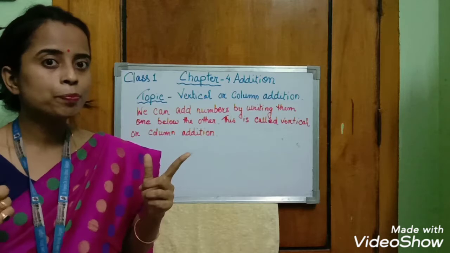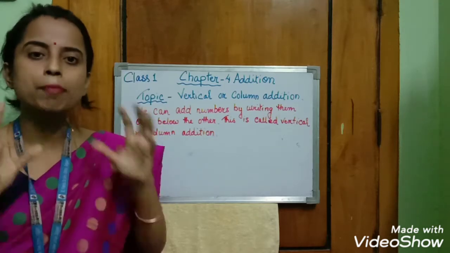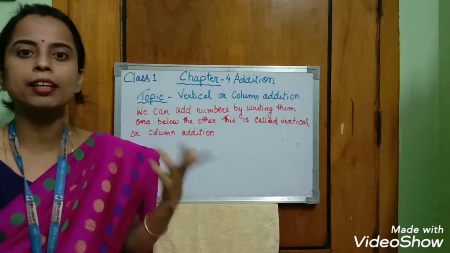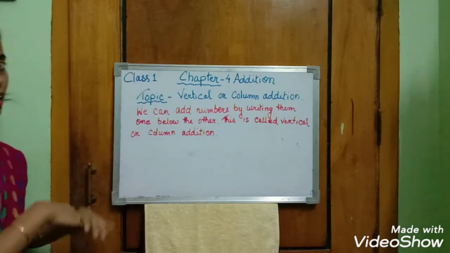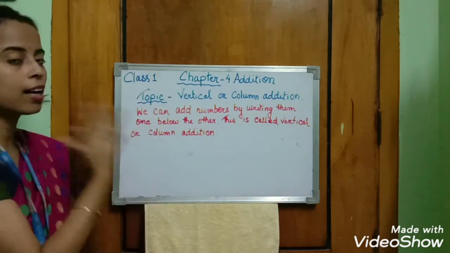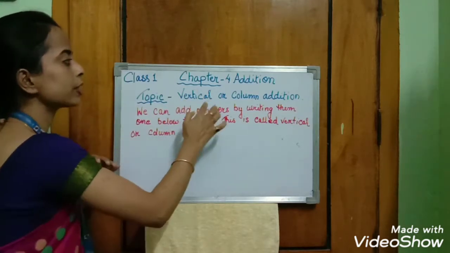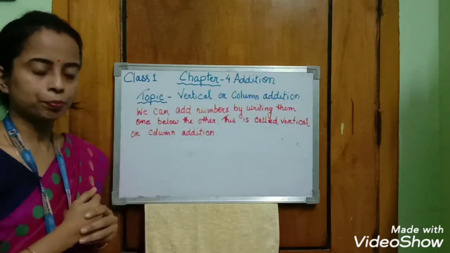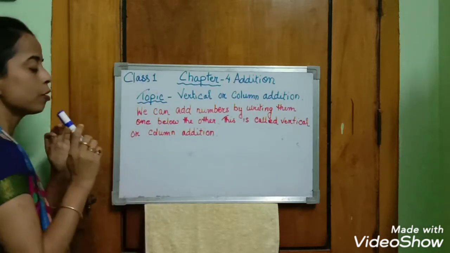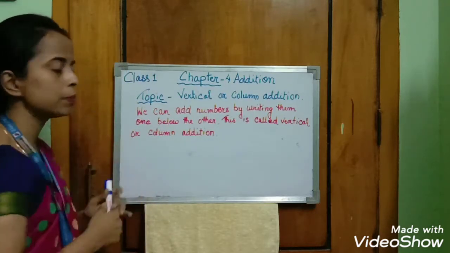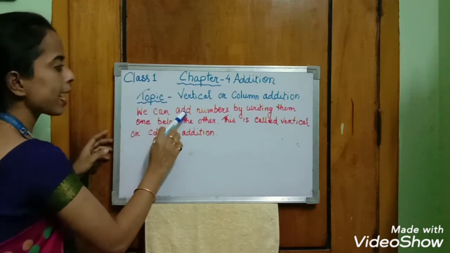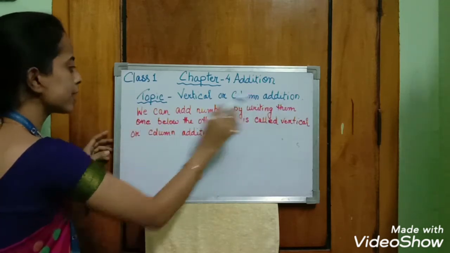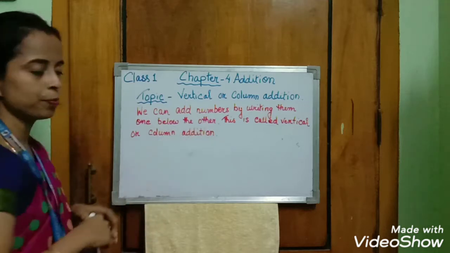What is a number line? A line marked with numbers, we call it a number line. Understood? So, in our today's class, the third method: vertical or column addition. First we will know what is column or vertical addition. We can add numbers by writing them one below the other.